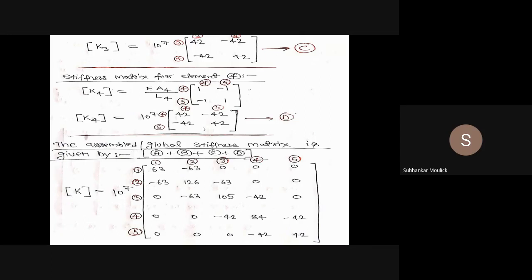So the next step is what? The next step is we have to write the assembled global algebraic equation, or governing algebraic equation, for the problem in matrix form.